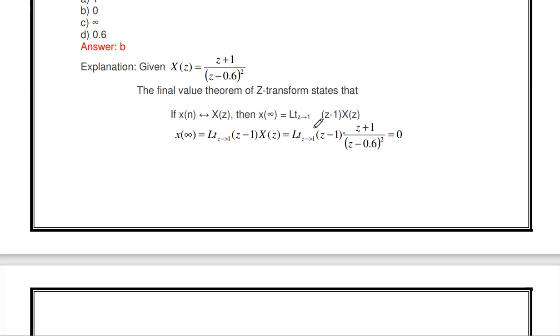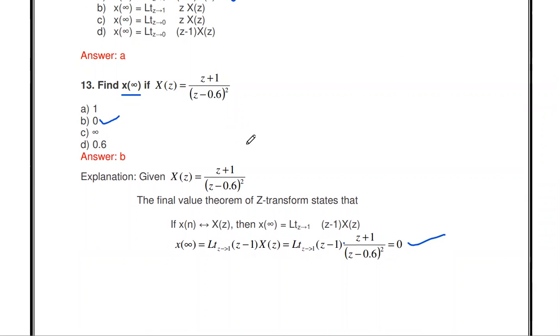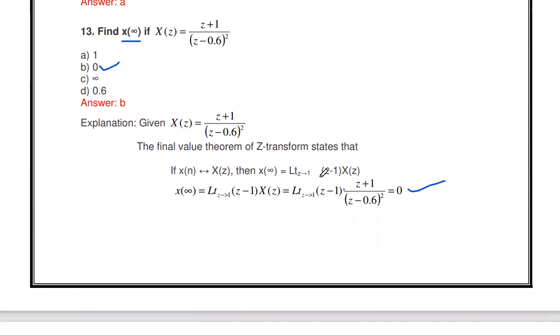This 1 minus 1 is 0, and 0 multiplied with any value is 0. So the final value of the given problem is 0. You should know the theorem: limit Z tends to 1, Z minus 1 into x of Z. In that formula, you just substitute the x of Z value and substitute Z equal to 1.